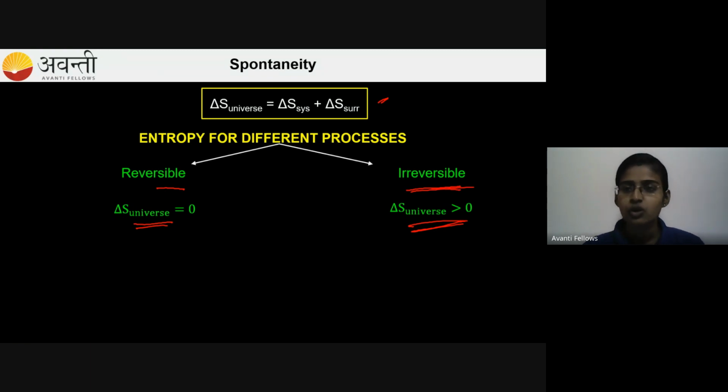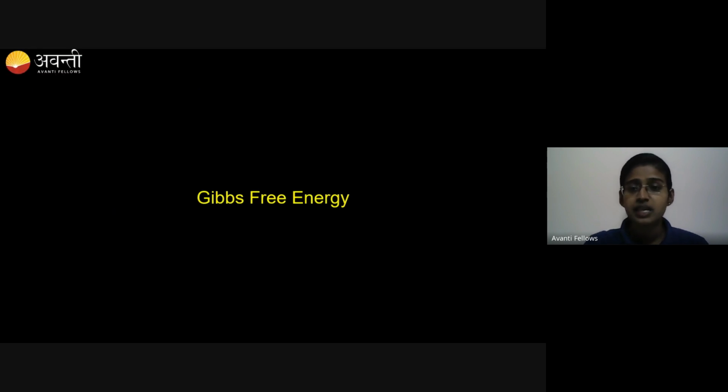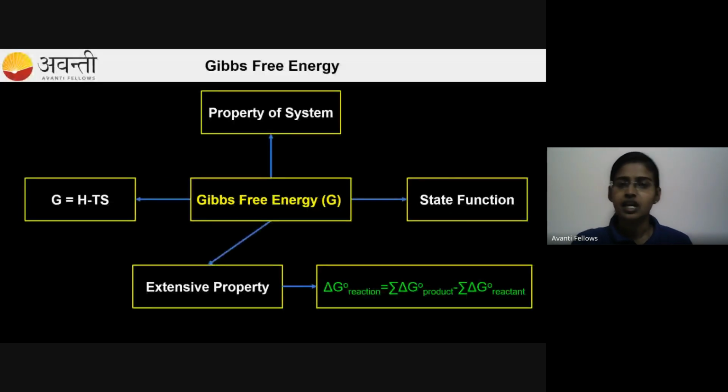Shall we go on with the last topic of this lesson? The next topic is Gibbs free energy. Gibbs free energy is denoted by the letter G. We have some properties.